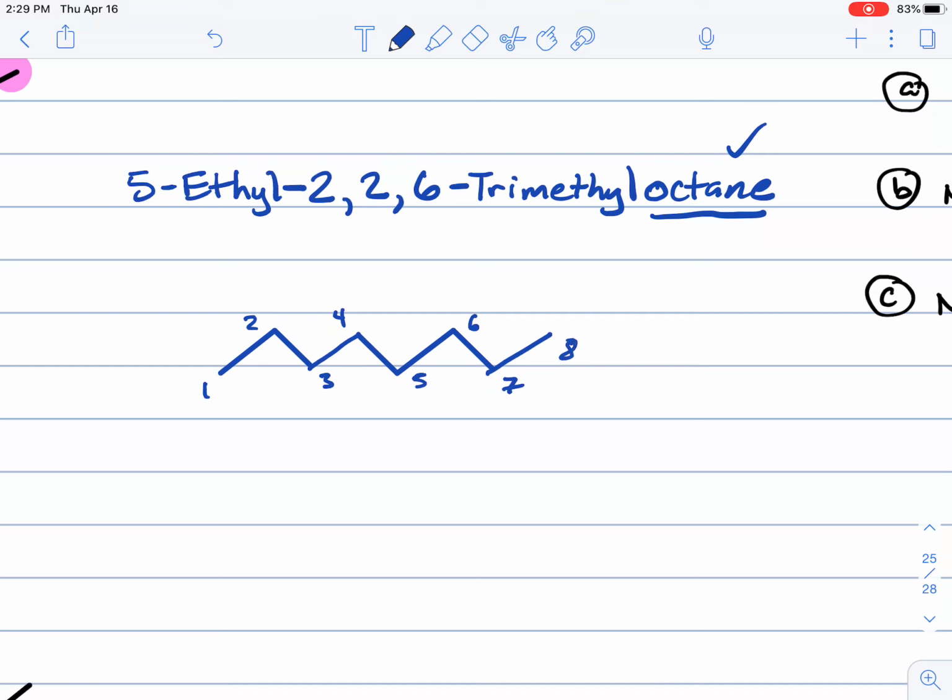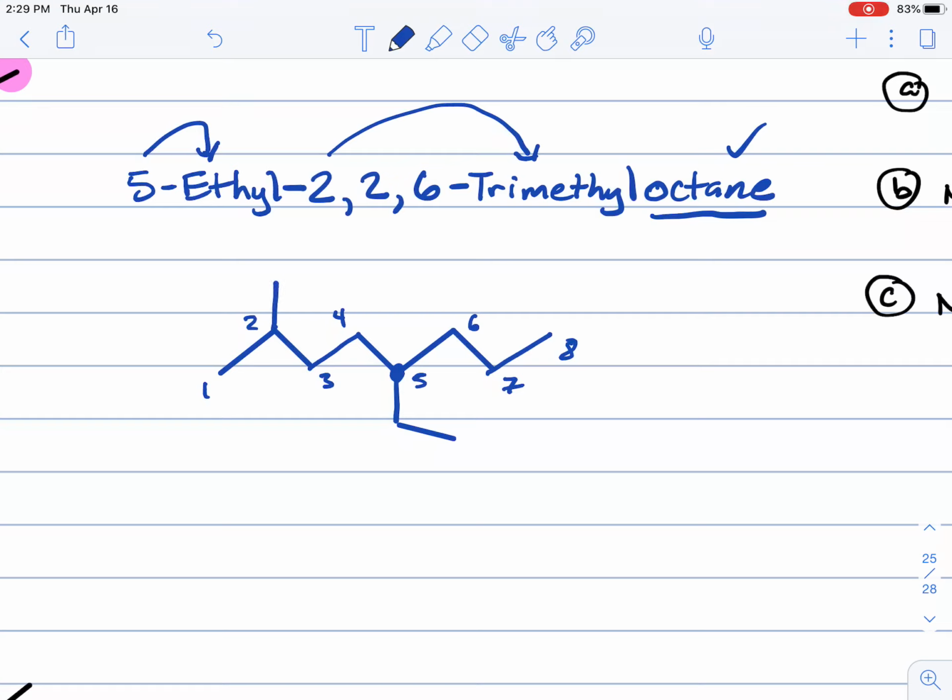Now, this is telling me that on the 5th carbon, I have an ethyl group. So here's my 5th carbon, and for me to draw an ethyl group, I need to draw 2 carbons. And that's my ethyl. And notice here I have 2. On the 2nd position, I have a methyl.